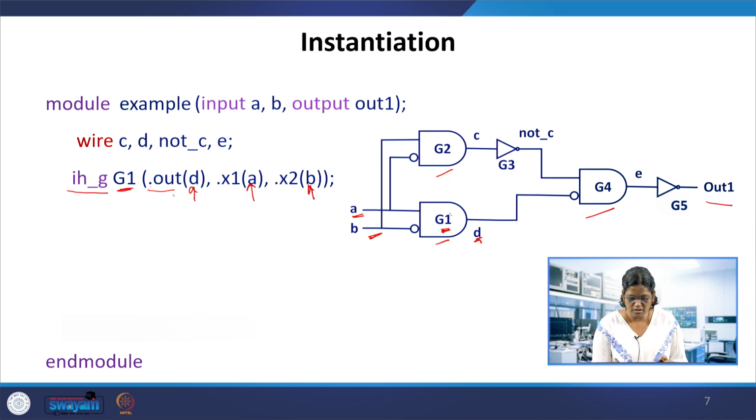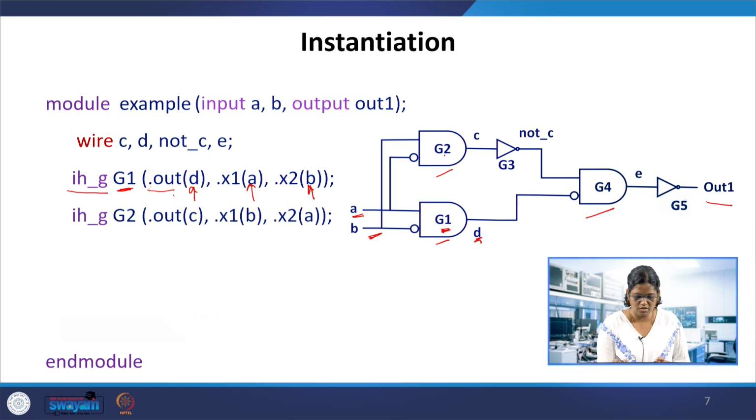Now this is the gate for G1, and the next gate is G2, IHG G2. This is the second time it is instantiated. However many times you are using that same module inside this module, that many times it needs to be instantiated.